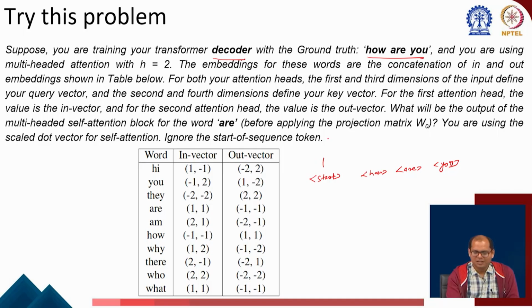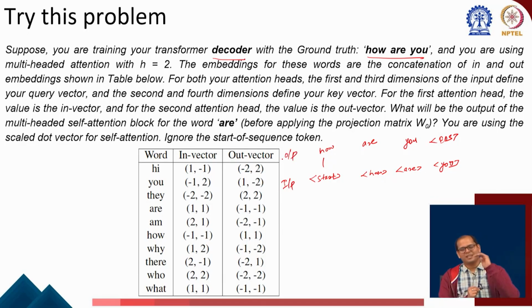So at the end of the decoder you should generate how, are, you, end of sentence. So this is the input to the decoder and this is the output that you want. In between you will do the masked self attention, encoder decoder attention, feed forward layer, whatever, and finally the linear layer, but this is the input and output and that is how you will compute the loss.